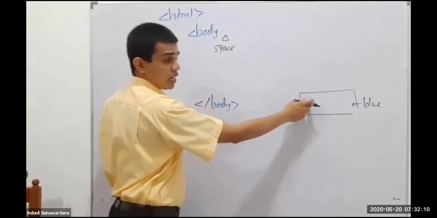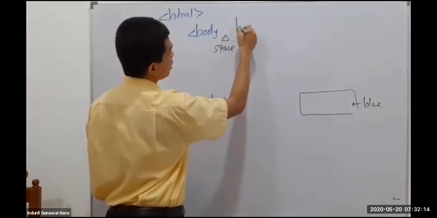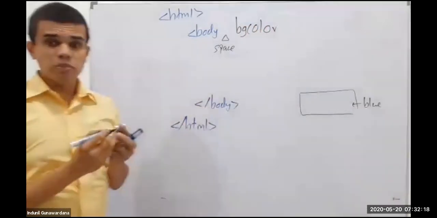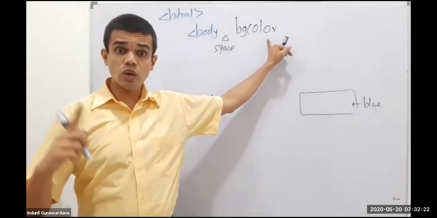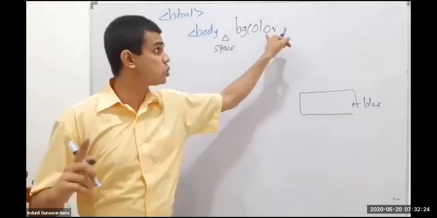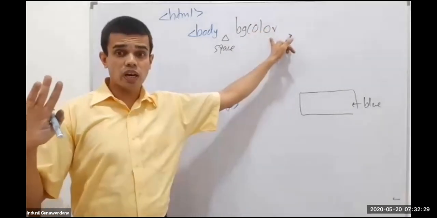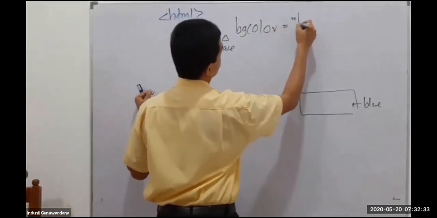Since I want to change the background color of the entire body to blue, I write it like BG color. In HTML, color is spelled COLOR, American English, not COLOUR. We are used to writing COLOUR, but that's not valid. We have to write COLOR. Get used to that. Then I say equals blue.